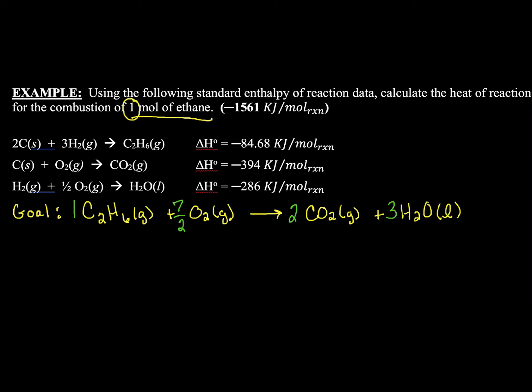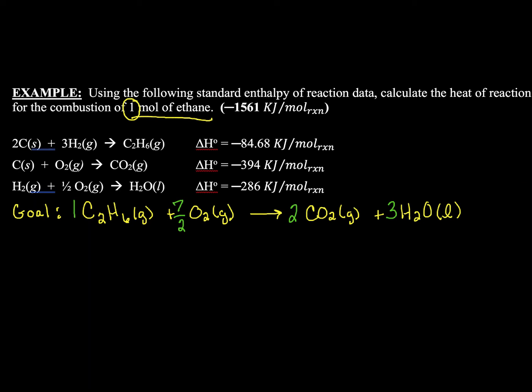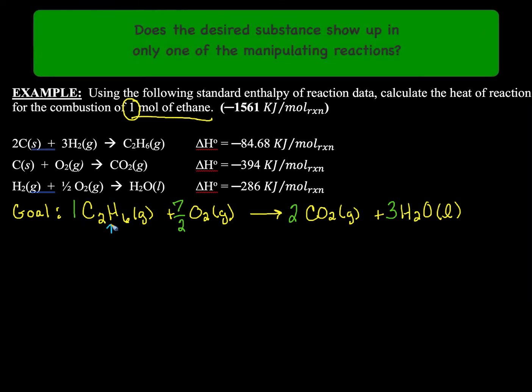When I do a Hess's law, and this is the same thing I've done when I'm adding elementary steps of a mechanism, or when I'm doing it for K, I just go left to right, and I ask my question. I need ethane as a reactant. Is ethane only showing up in one reaction? Had it shown up in more than one reaction, I would bypass it.